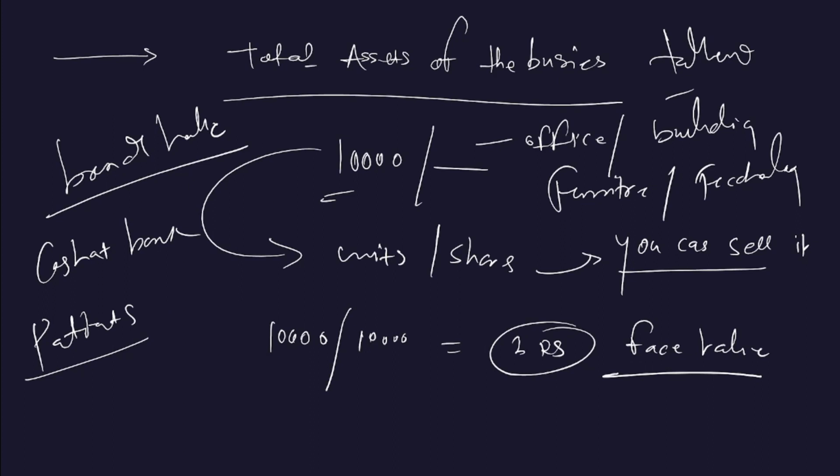These would be your assets. Let's say their entire value is around 10,000 rupees. You can split it into 10,000 units and sell those units to investors. That is the process we have.